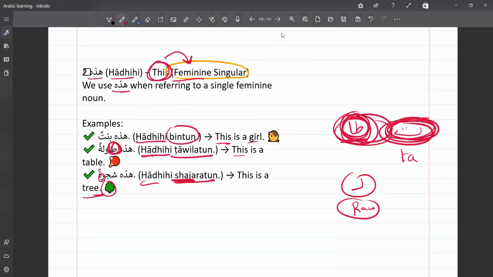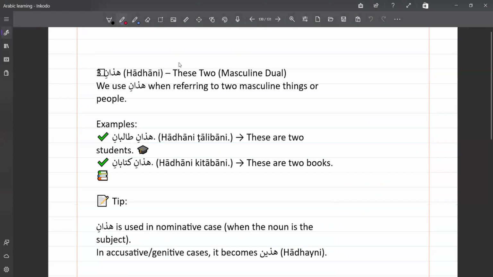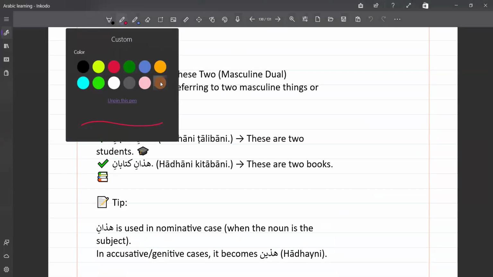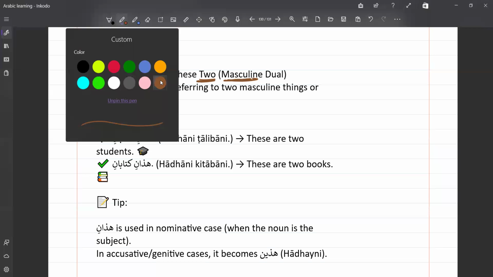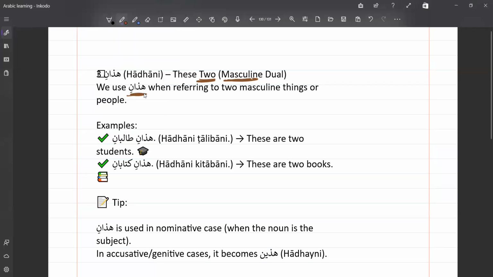Okay, moving forward. If there are two masculine things involved, you will use the word هذان. هذان is used for two masculine nouns.